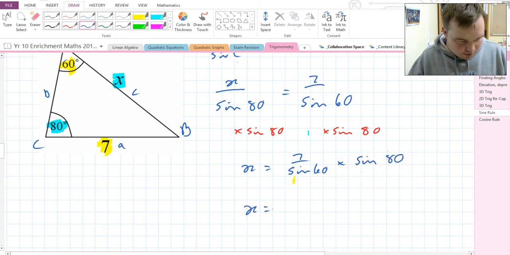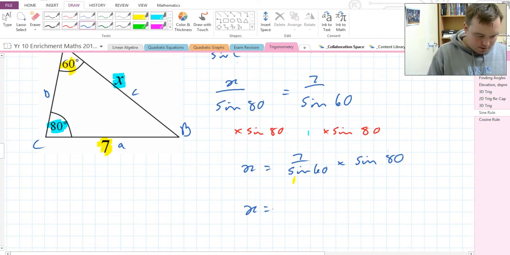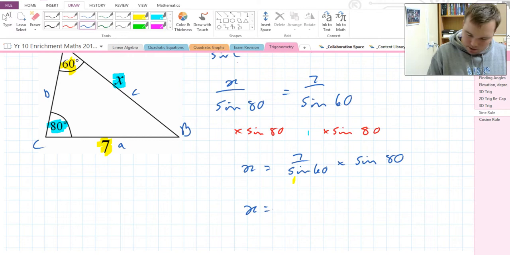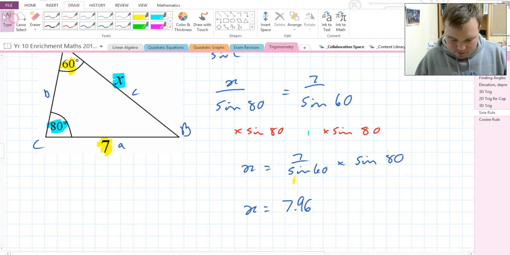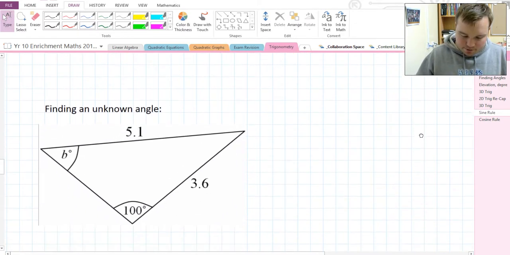X is equal to, let me grab my calculator, 7 divided by sine 60 times sine 80. 7.96.